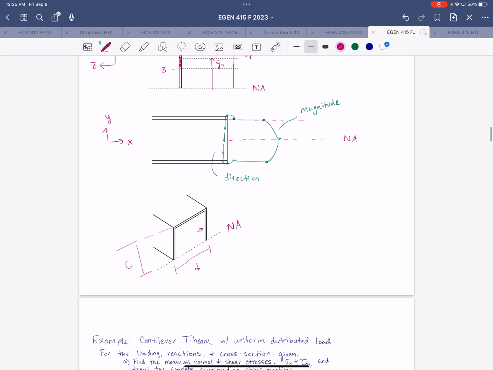And then if each wall has a thickness T, then we could predict that the maximum stress would be at the neutral axis.